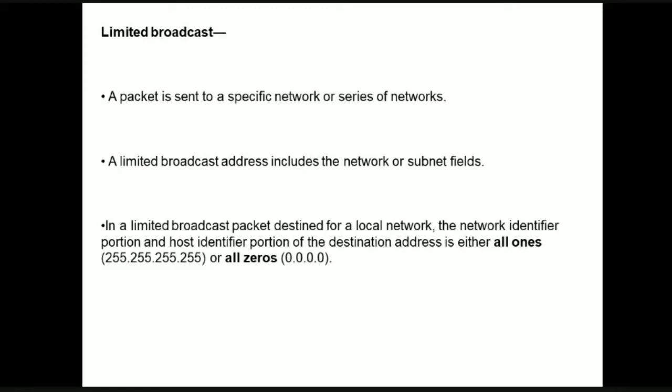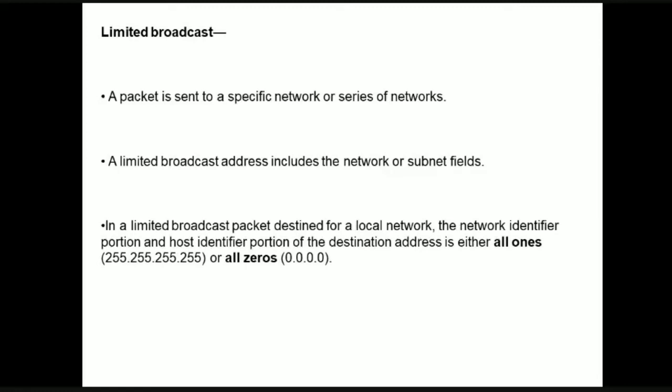For example, in the limited broadcast packet designed for the local area network, the network identifier part, that is the net ID part, and the host ID part of the destination address will be either all ones or all zeros.